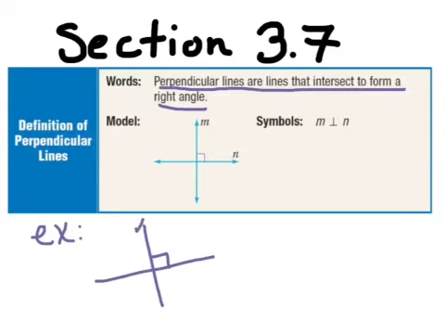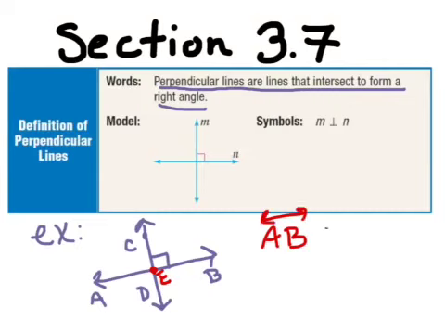But if I used notation different than line M and N, and I called this line CD and line AB, and let's say that they intersect at point E, you could say that line AB is perpendicular to line CD.